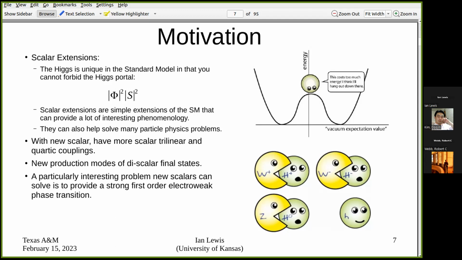That means I probably want to measure as many of these trilinears as I can. And these are through di-scalar final states, which I'll draw a Feynman diagram for in a bit once I have this particular model. Beyond that, and this is something I can't really forbid, and why it's pretty generic, it's interesting that it can help solve electroweak baryogenesis with a strong first-order electroweak phase transition.